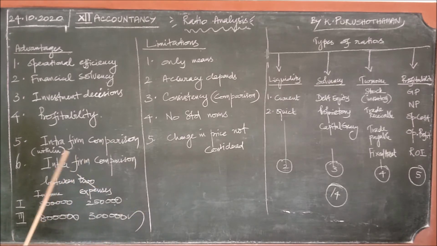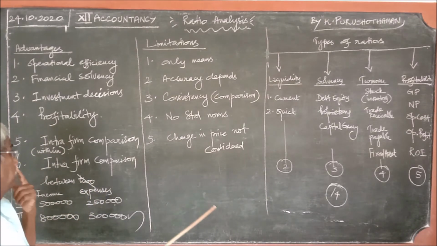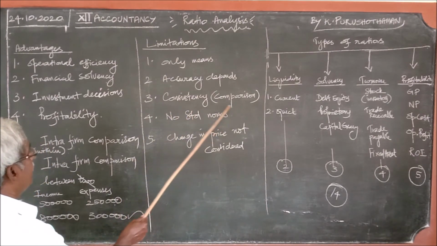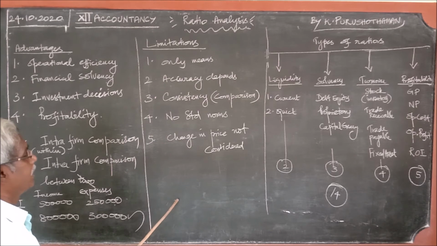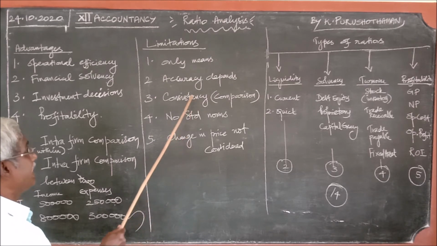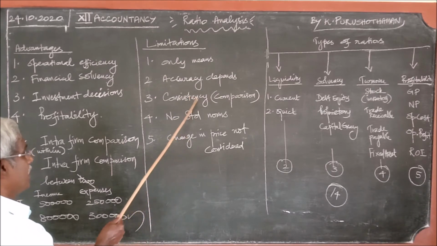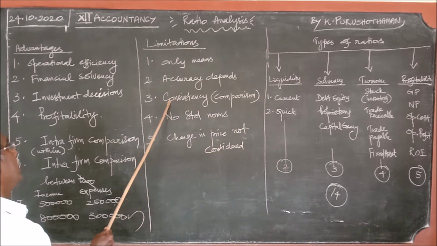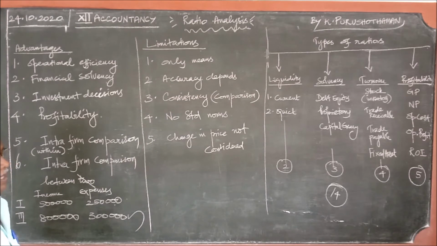Only the same nature of industry can be compared. The consistency we cannot find. Consistency in the sense of the reality, the worthiness of the ratio result; we cannot say it is correct.